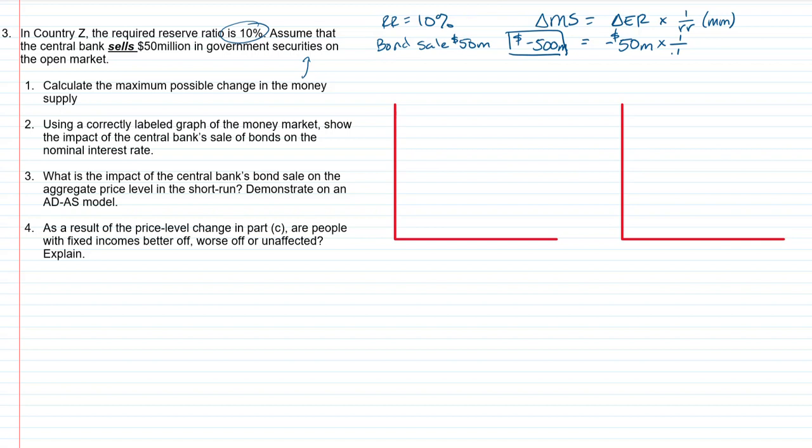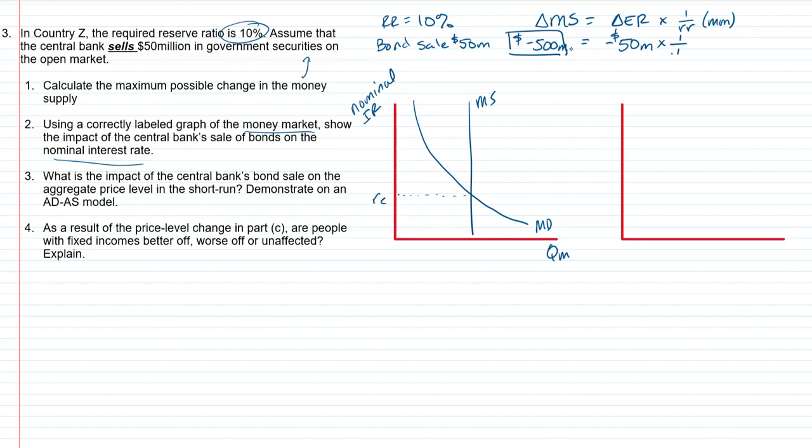So then we want to carry this over onto the money market and show what happens to the interest rate. So money market, QM versus the nominal interest rate, vertical money supply, and our downward sloping money demand, starting us here at RE.